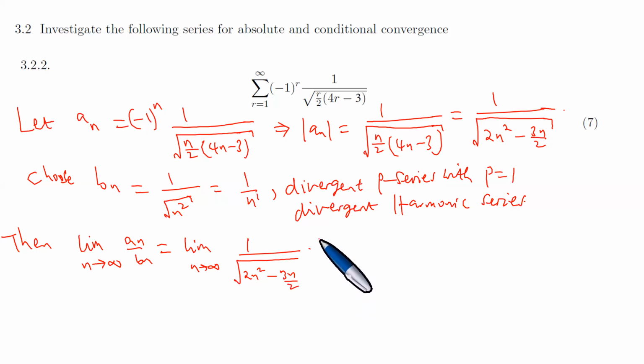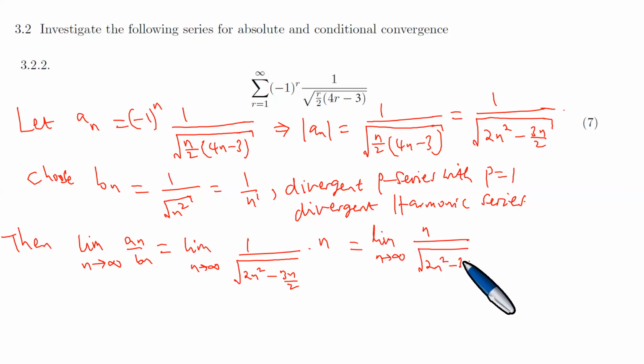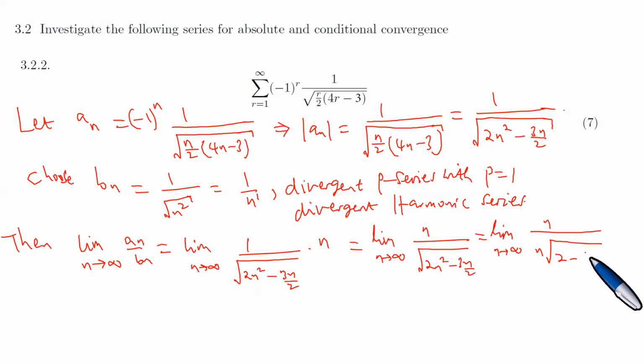So you divide by that, which means you multiply by that. As n approaches infinity, n divided by, factor out n squared. Take the square root of n squared, it becomes n. You factor out n squared from under the square root, you get 2 minus 3 over 2n.